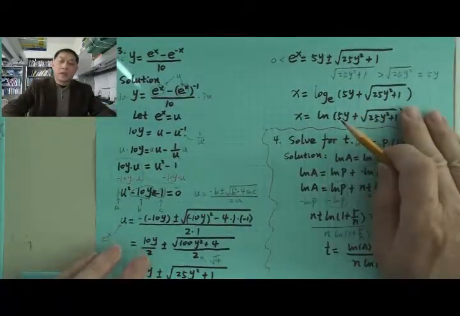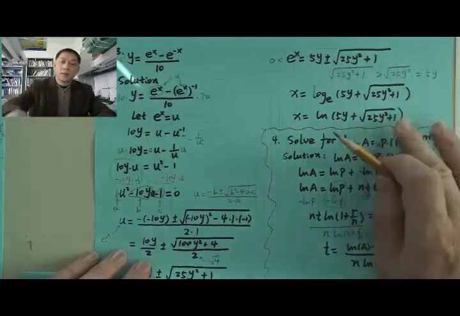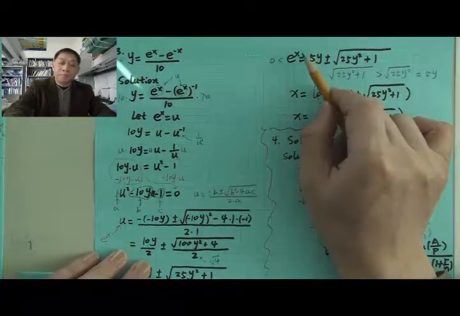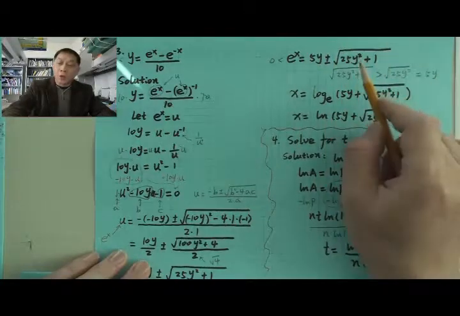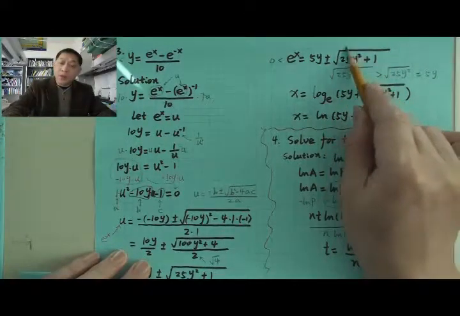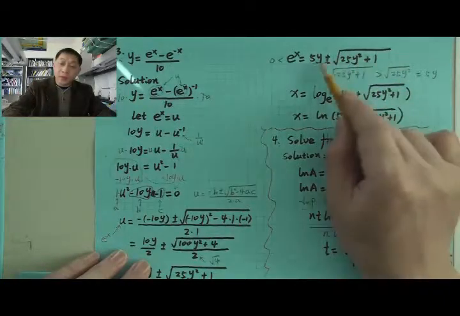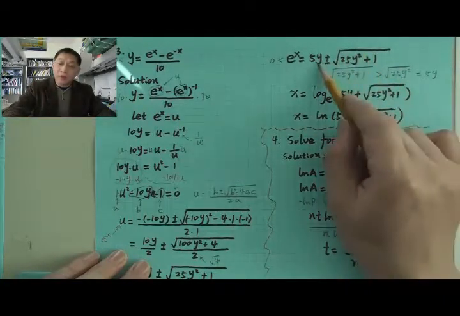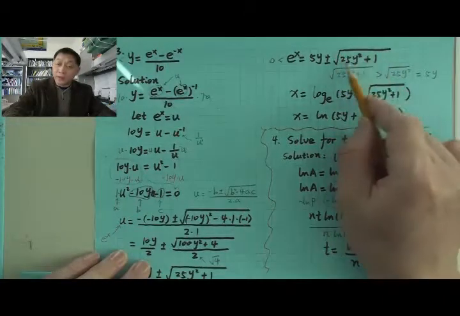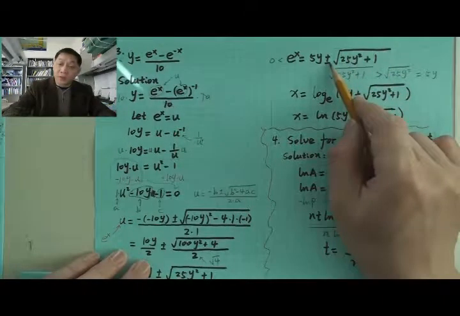Okay. Now look. E to the x is always positive. So right here, this quantity is bigger than 5y. So 5y minus a big quantity is going to be negative. So that's why we need to drop this negative sign.